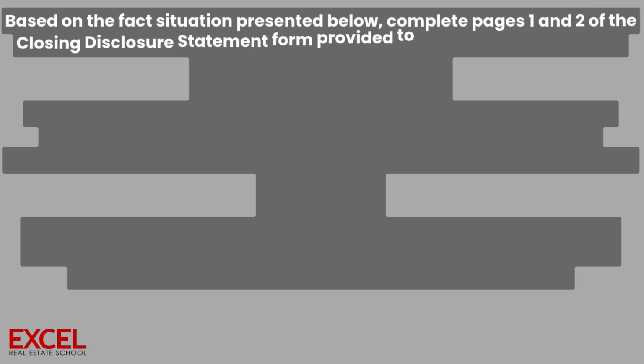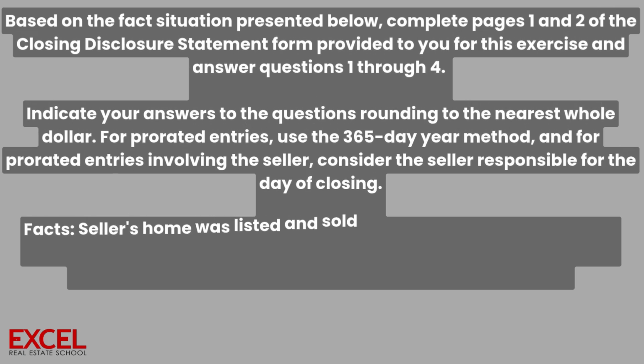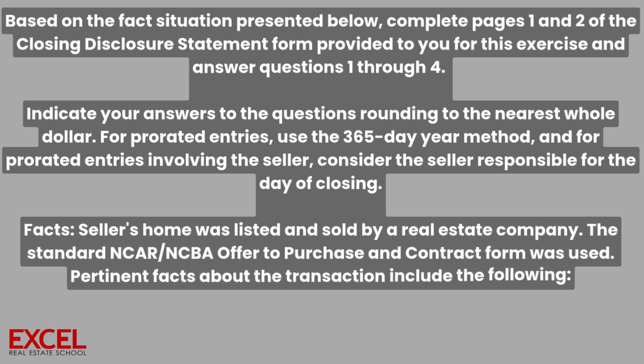The word problem. Before we begin solving, let's read the complete word problem and identify exactly what the question is asking us to do. So, based on the fact situation presented below, complete pages 1 and 2 of the closing disclosure statement form provided to you from the exercise and answer questions 1 through 4.